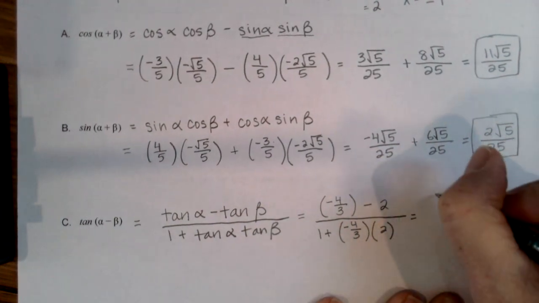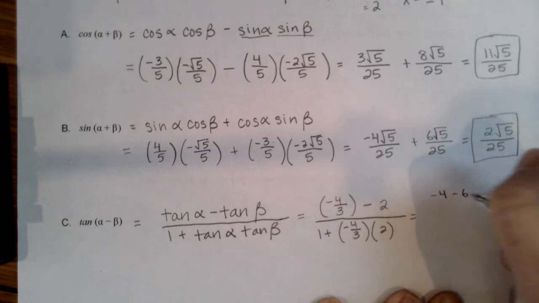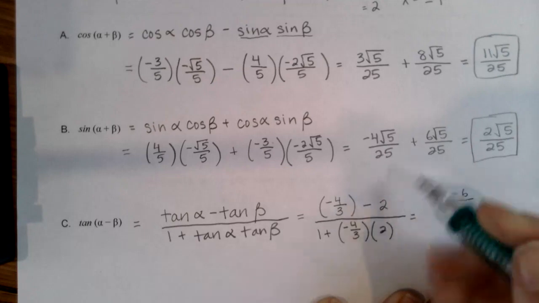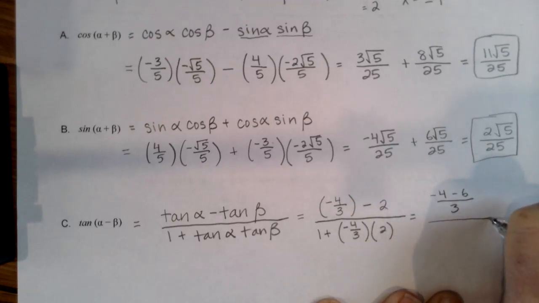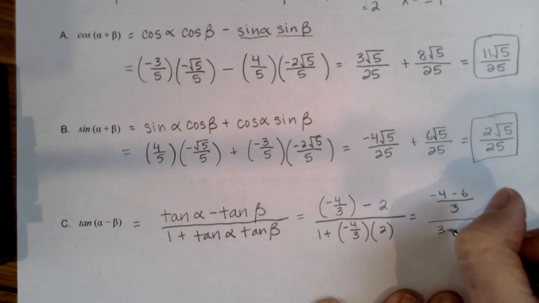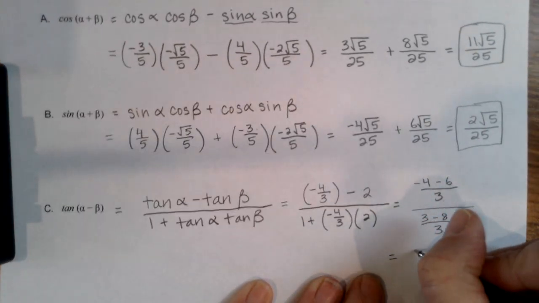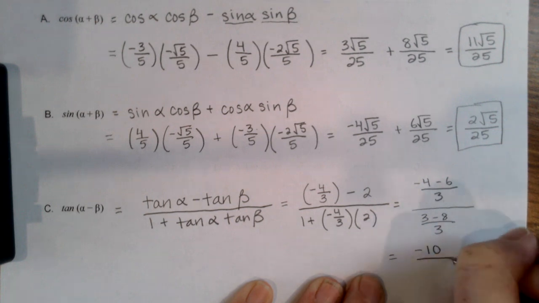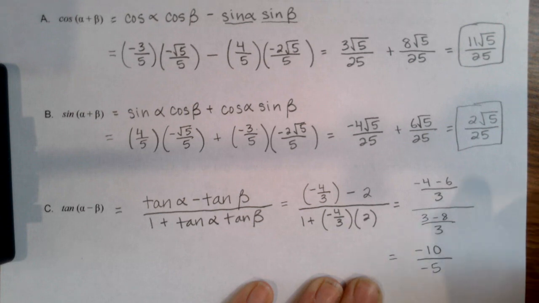Simplifying real quick, this is negative 4 minus 6 over 3, right? I rewrote 2 in terms of thirds, and the denominator becomes 3 minus 8 over 3. So this becomes negative 10 over negative 5, which is 2.